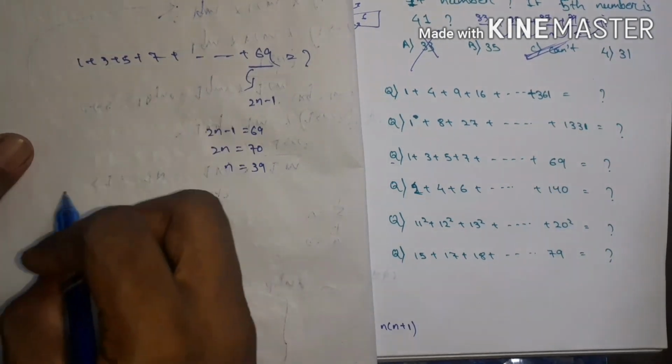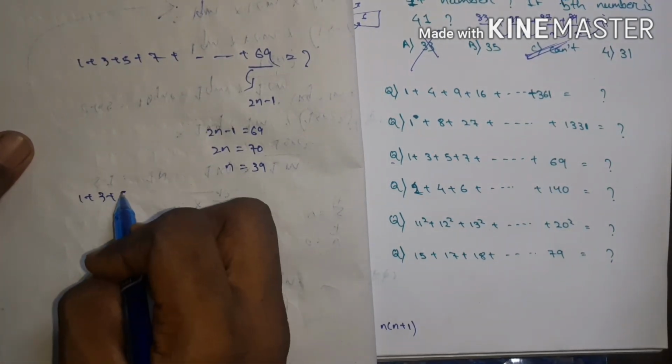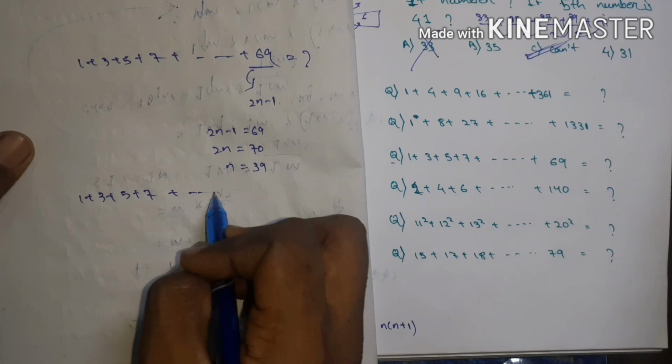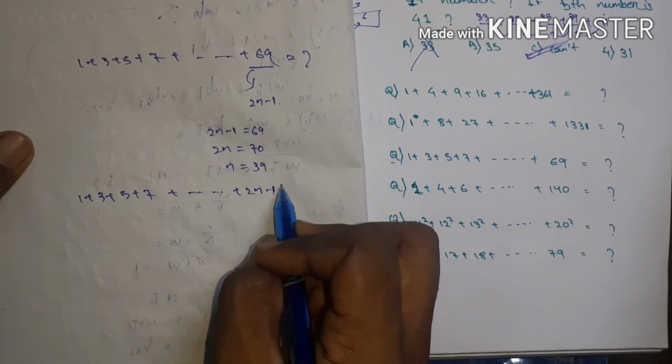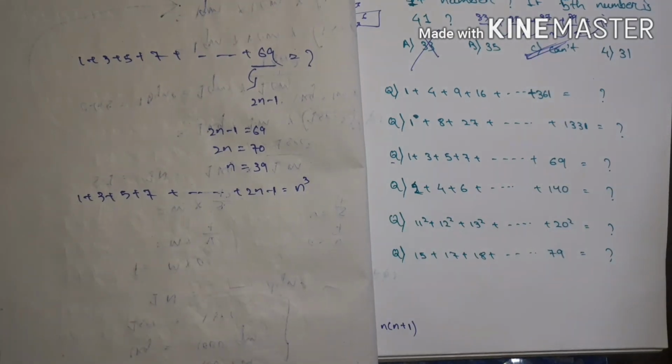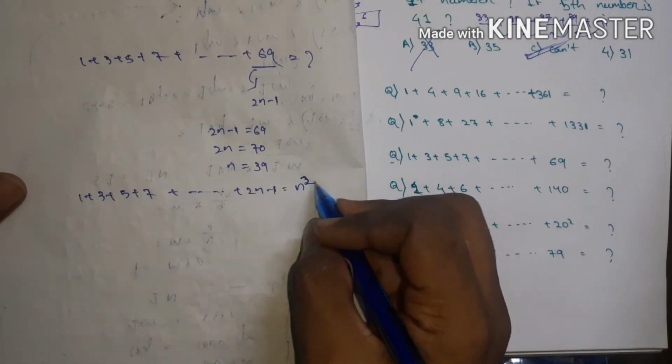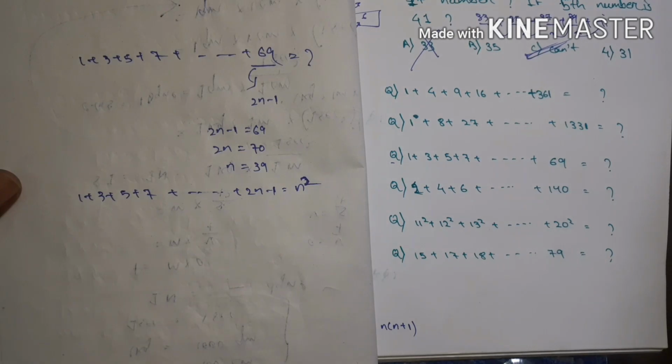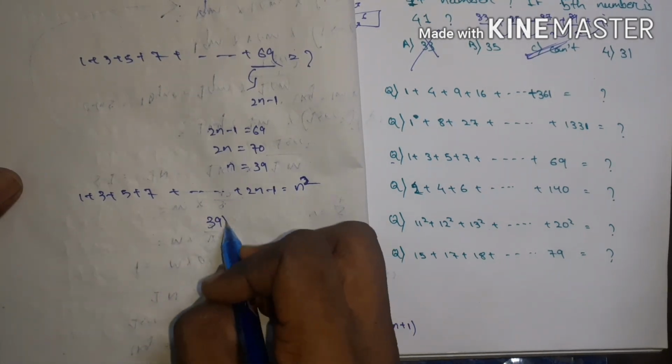Then what is the formula? 1 plus 3 plus 5 plus 7 plus dot dot dot 2n minus 1. Then what is the formula? n square. Yes or no? n square. Then what is its answer? 35 square.